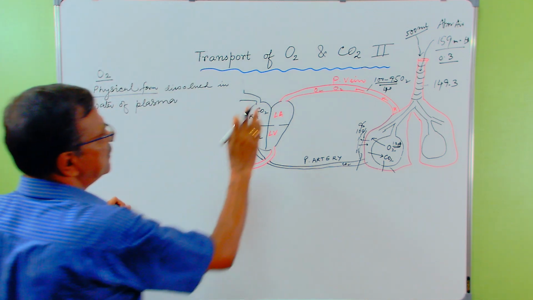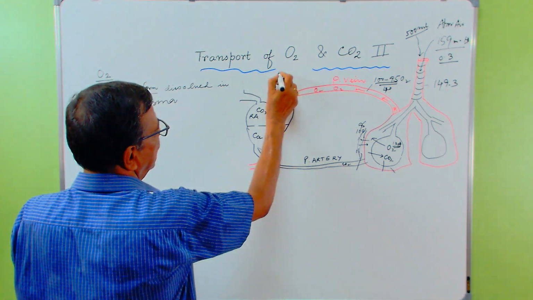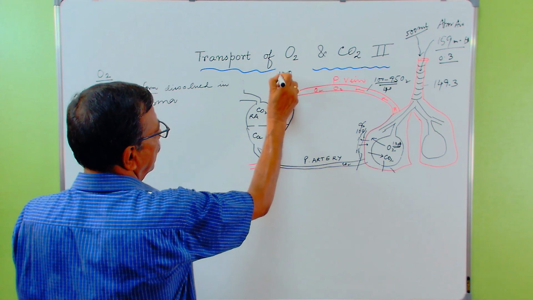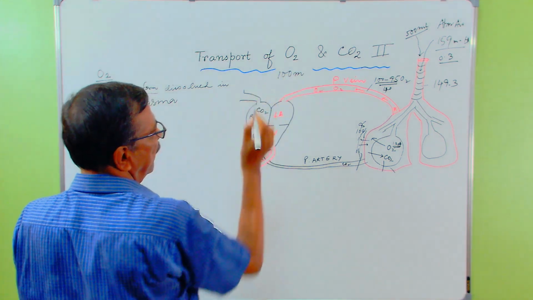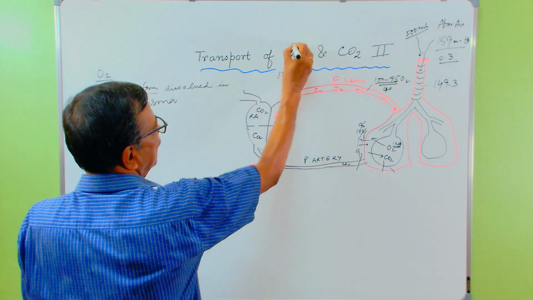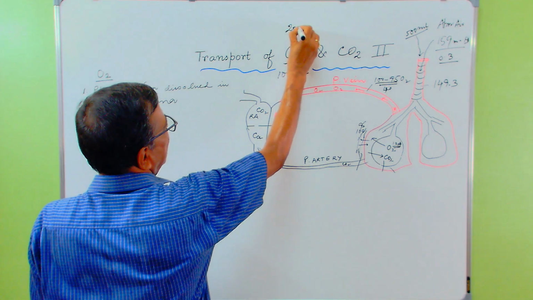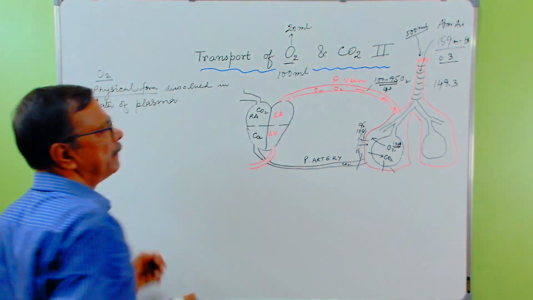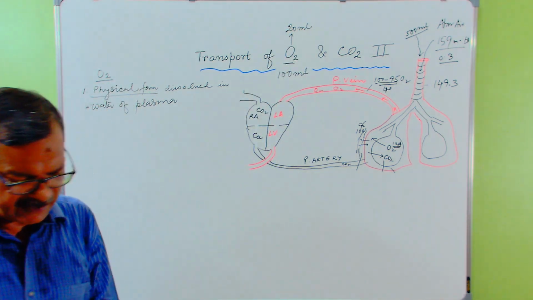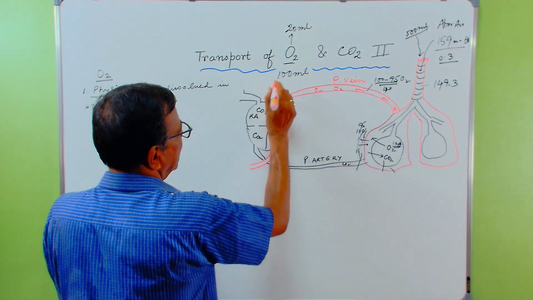So in 100 ml of oxygenated blood, the O2 remains 20 ml. This is oxygenated blood. Right here, oxygenated blood.